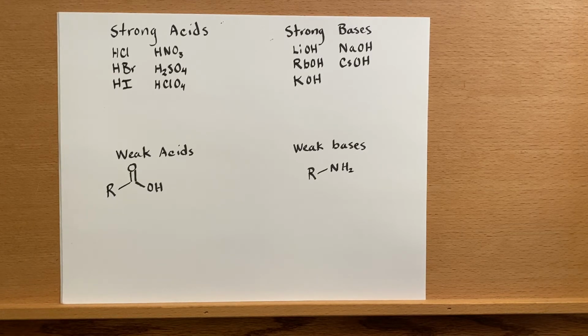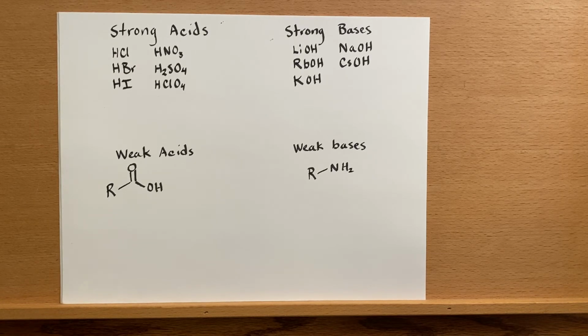Just way too many to learn them all. And so, as long as we know which ones are strong and we're capable of identifying what an acid is and what a base is, then we can use that information to say, oh, is it on the list of strong acids? It's not? Well, then it's probably a weak acid. Or same thing with bases.